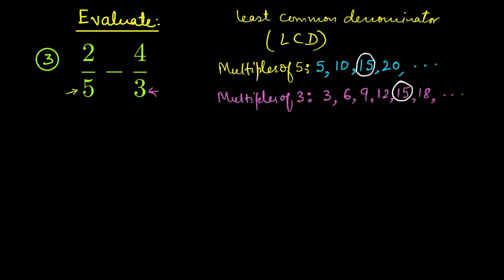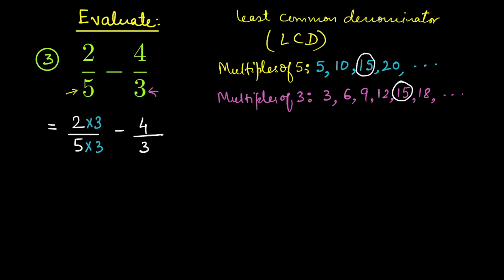So 15. And now we have to make both the denominators 15, so that once the denominators are the same, we can add or subtract according to the sign given. To make the first one 15, we multiply it by 3.